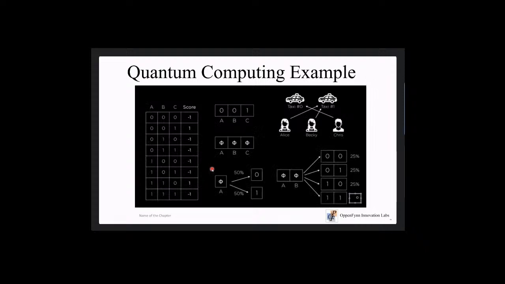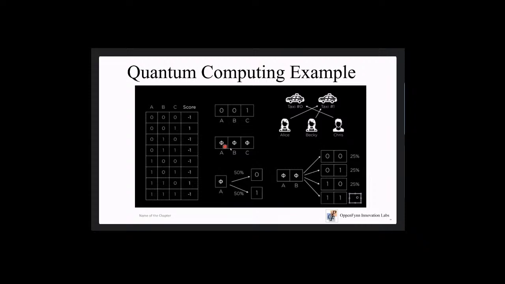So if you're trying to solve the same problem using a quantum computer, again, it's a little difficult to intuitively explain these things, but I'll try my best. The main difference is, like I said, a quantum bit can take on a linear combination of values 0 and 1.